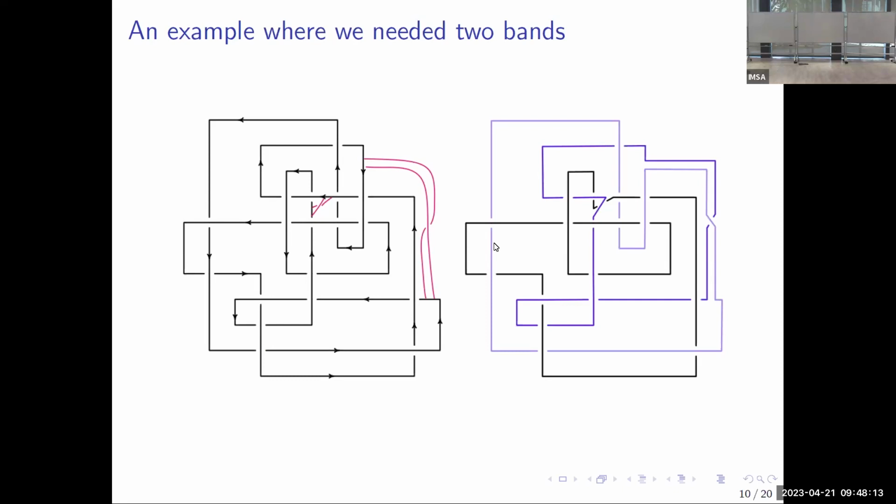By random, I don't actually mean there's randomness. We literally just checked all of them up to a certain length. But if you do k of them at once, that's going to be very time consuming. So what you actually want to do is add one band at a time.